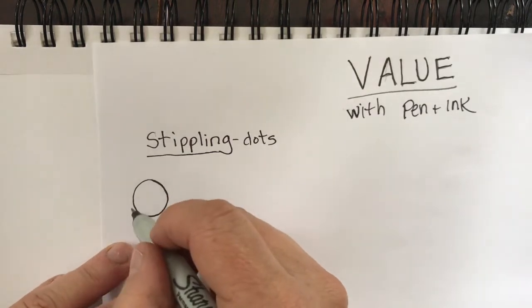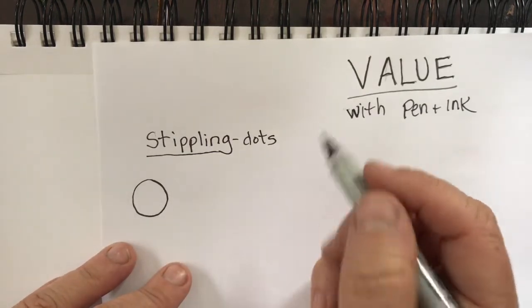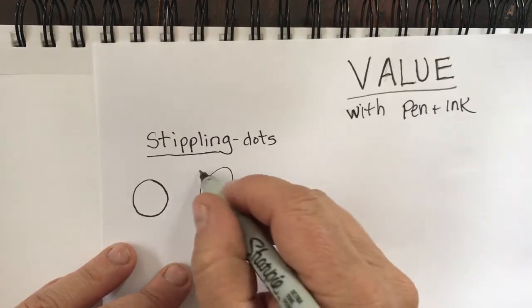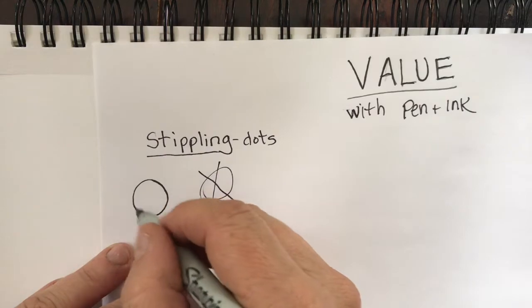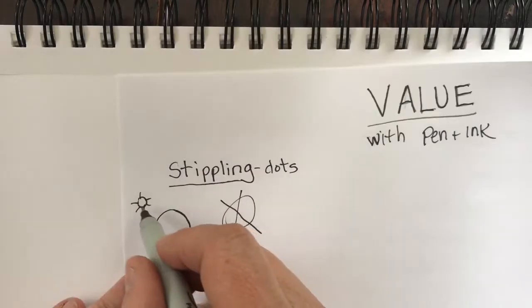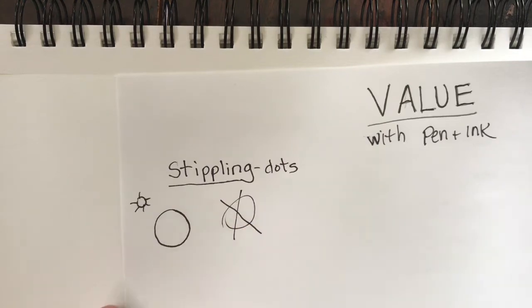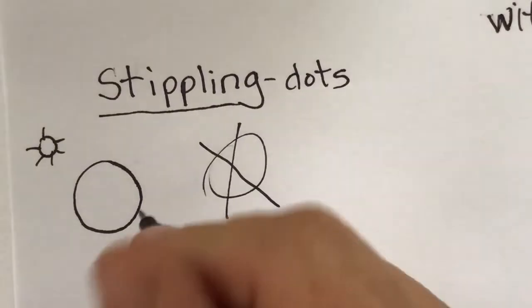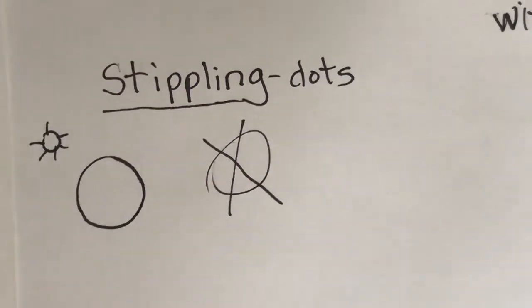So draw a circle very slowly. Please do not rush and do something like this. Take your time. Try to make a circle as best as you can. Because my light source is here on the upper left, we know that this is where it's going to be lightest.